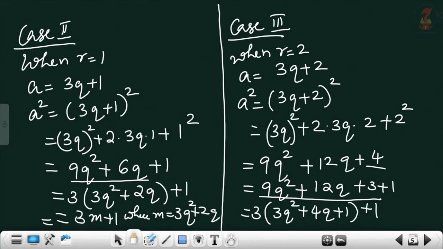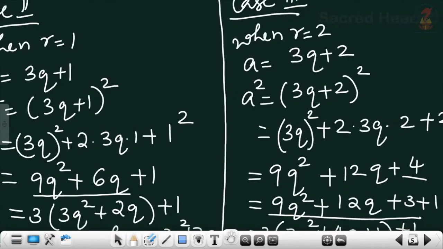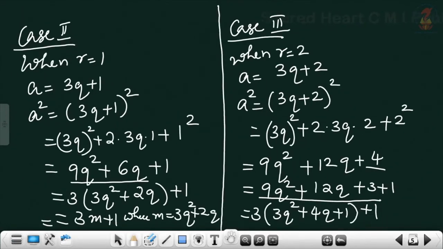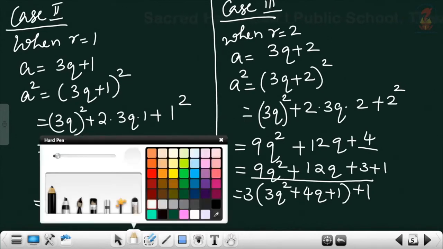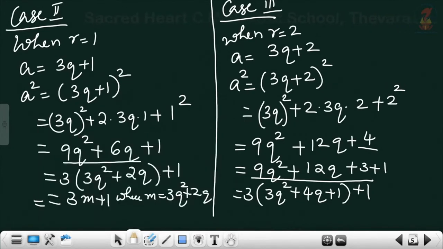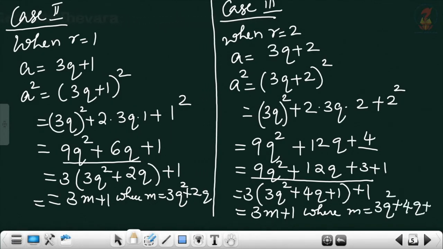So, this is equal to 3m plus 1, where m is equal to 3q square plus 4q plus 1.